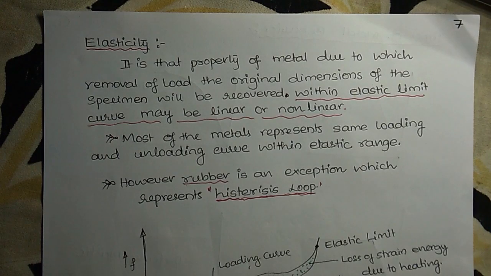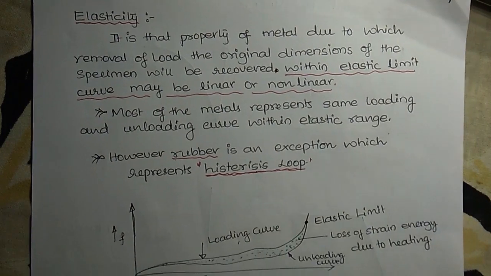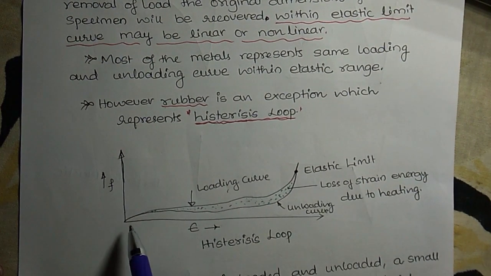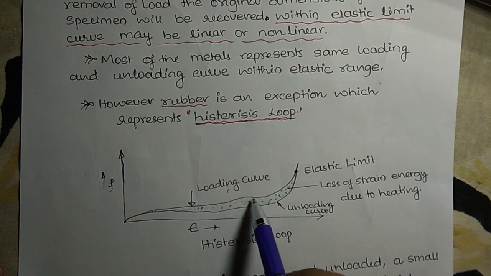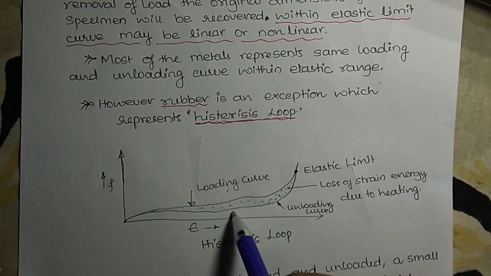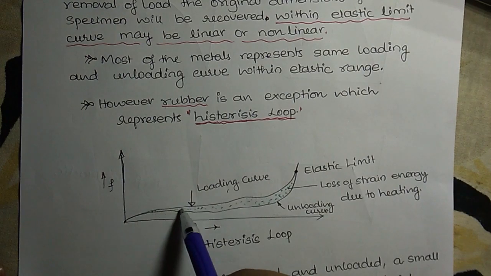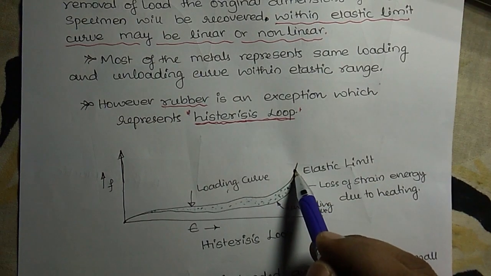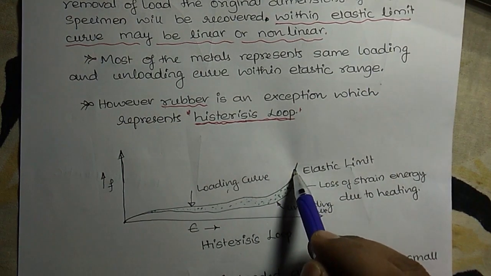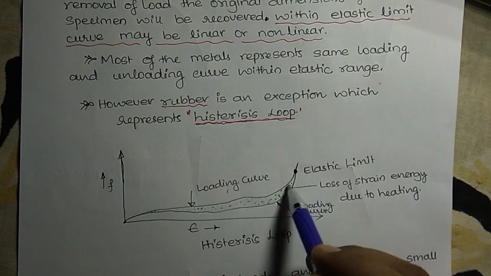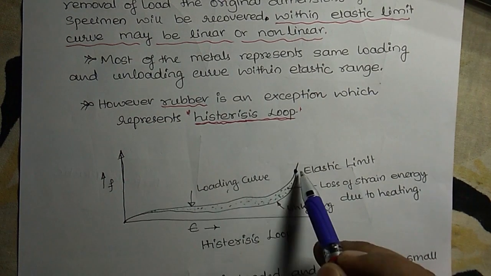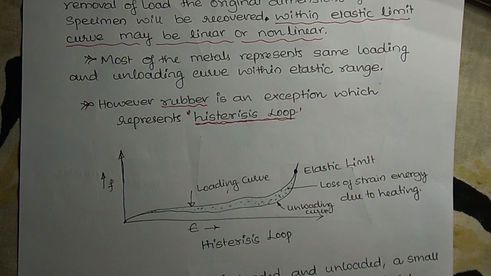Whereas in the case of rubber, this is the stress strain graph. This is the loading curve, whereas this is the unloading curve. So this is not linear, this is non-linear behavior. But this limit is also called the elastic limit, because up to this point, if you remove the load, it will regain its original shape and size. Only the loading and unloading curves are different.